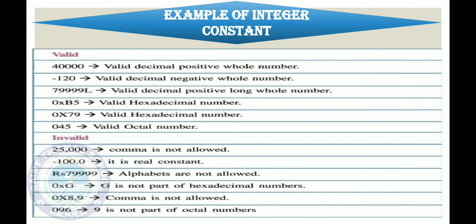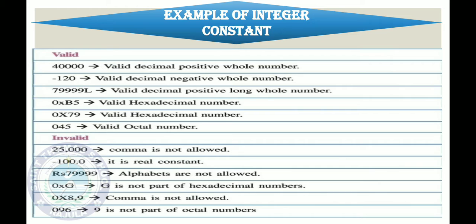Then after that, invalid examples. Here you can see 25,000 is written but a comma is there, so a comma is not allowed here, that is why this is invalid, this is not a decimal constant. Then minus 100.0 is also wrong because this is a real constant, a fractional number is there. Then rupees is written, so alphabets are not allowed here.